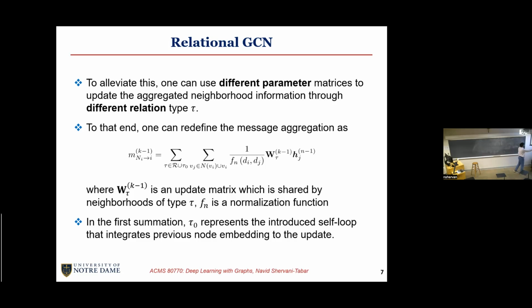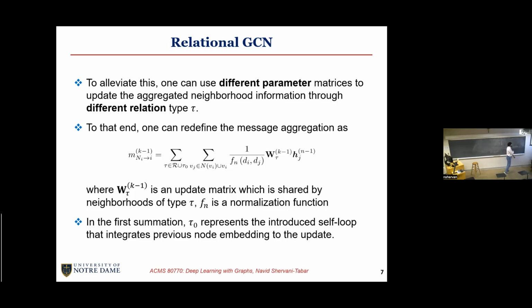So if the embedding h is coming through a relation of type tau, I will use W tau for that. If it's coming from tau 2, I'm using another W. So I update the embeddings through different learning parameters.